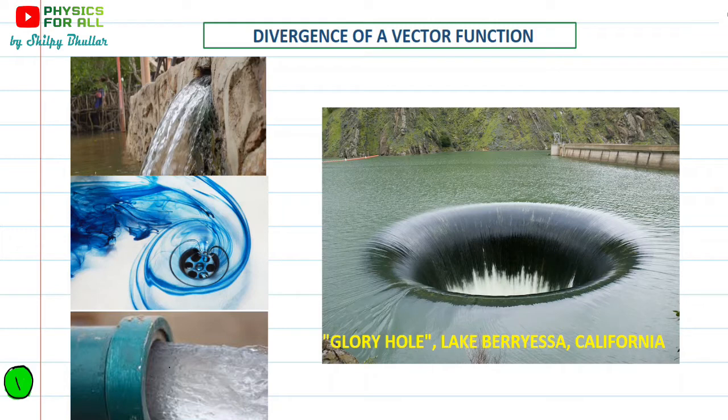This spectacular picture that you are seeing, this giant hole, is known as Glory Hole, which is a man-made hole at Lake Berryessa, California. Officially, it is called Monticello Dam Morning Glory Spillway. It's designed to keep the dam from overflowing and thus acts like a drain, a sink.